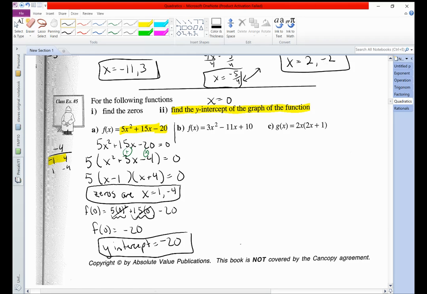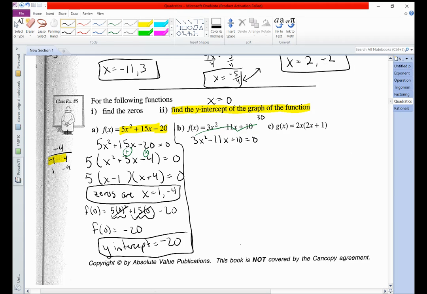Let's do the next one here. We have 3x squared minus 11x plus 10. So for finding the zeros, we are going to set that equal to 0. And now we want to factor that. So I'm going to go 3 multiplied by 10 gets me 30.